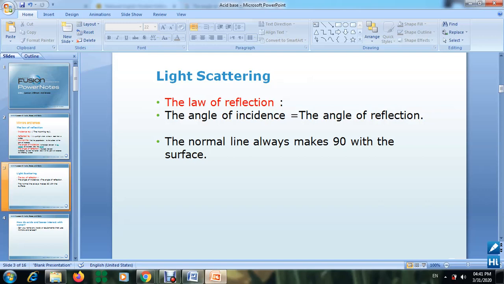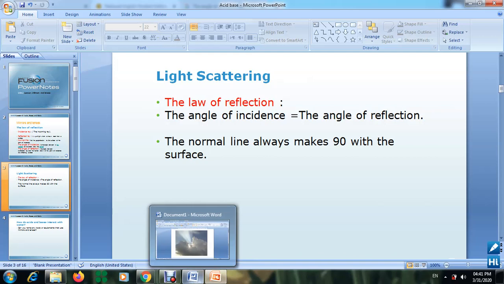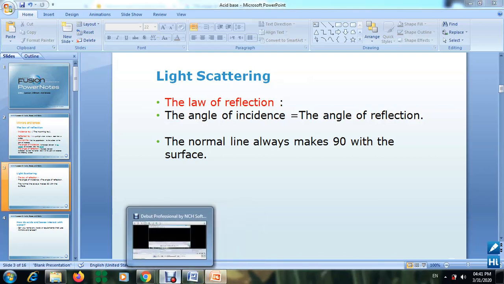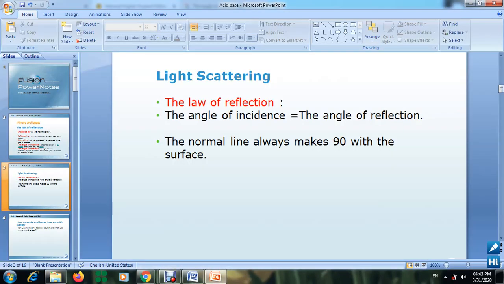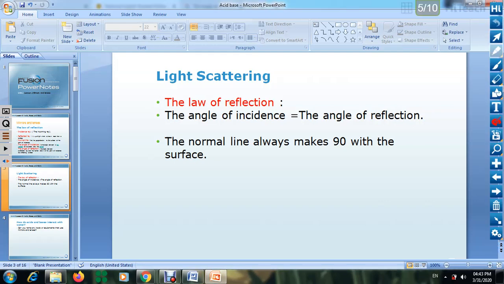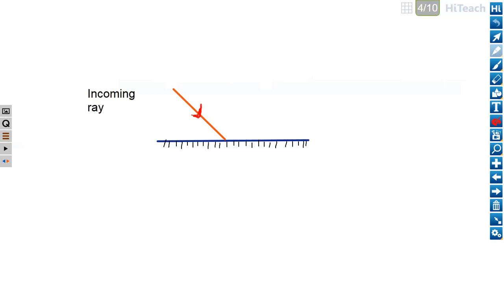Now, what if I give you another example? If you have only a mirror here, this is the mirror, the blue line, and you have only an incoming ray. How do you draw the reflected ray? To draw the reflected ray, first I have to draw the normal line.